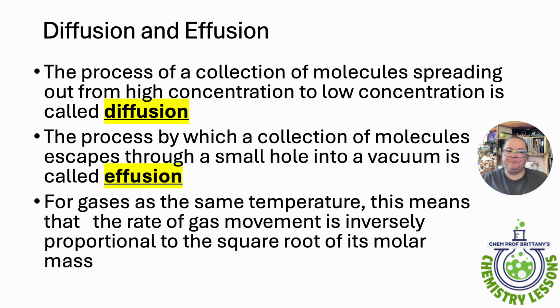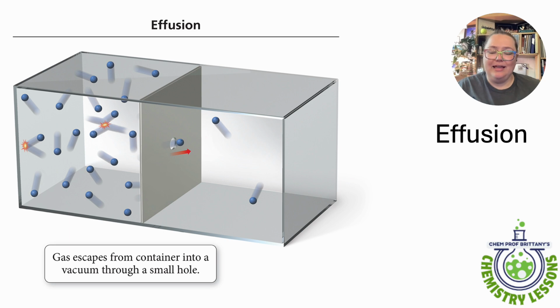That is effusion. So for gases at the same temperature, this means the rate of gas movement is inversely proportional to the square root of its molar mass. And this is what effusion looks like. This is the reality of how we measure these things and look at them in a lab. We have this high concentration here, and then our vacuum, and then this small pinhole.